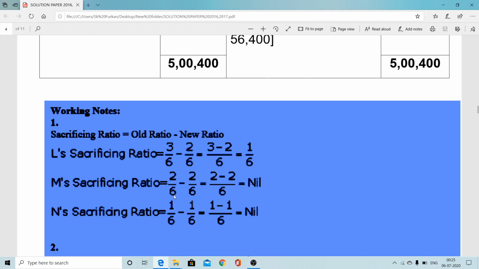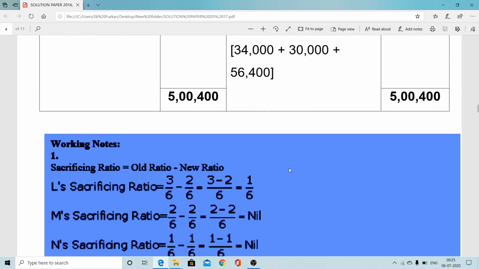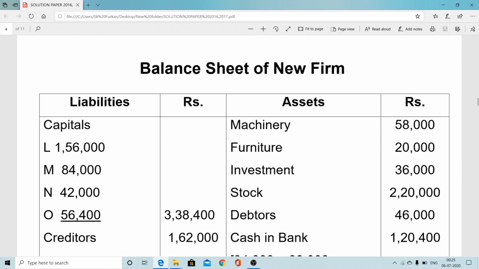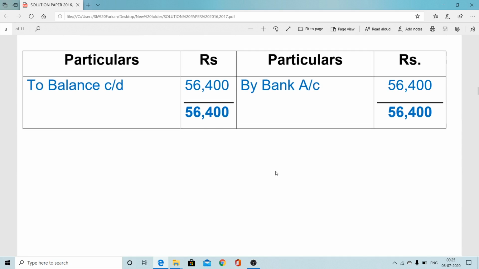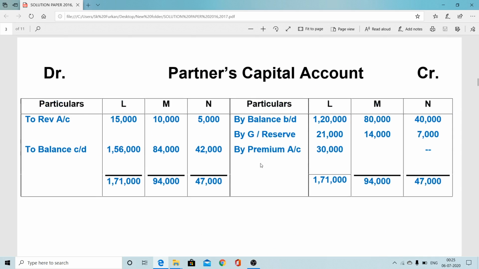N also the same: old 1/6 and new also 1/6, so it remains unchanged. Therefore only one partner has sacrificed, that is the first partner L. So the total premium money will be credited only to L. Therefore this entry is first: premium for goodwill, 30,000, we credited to the L column only.